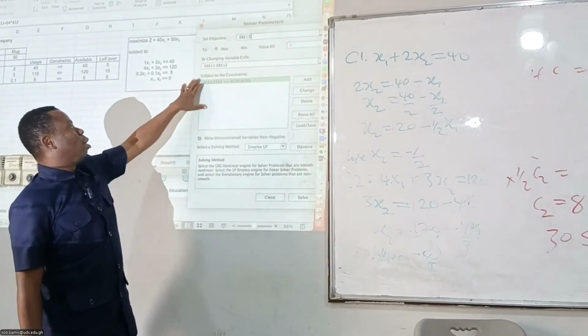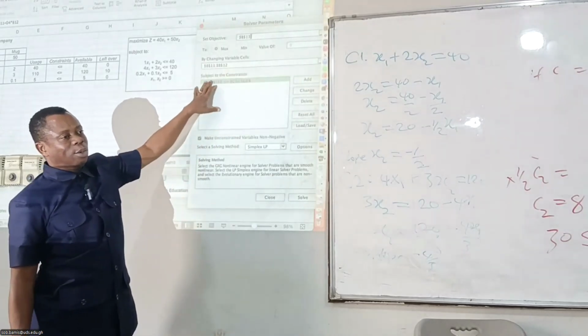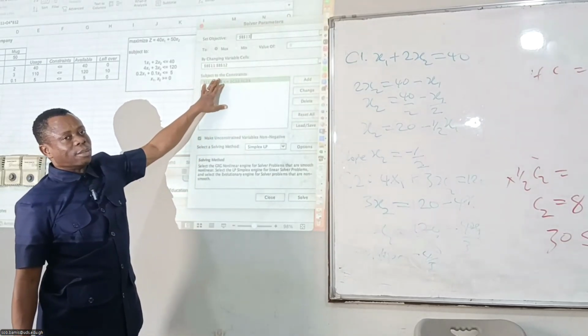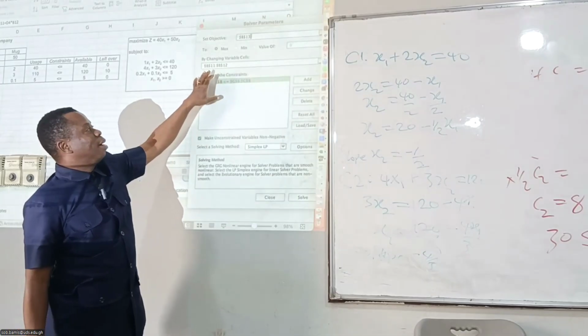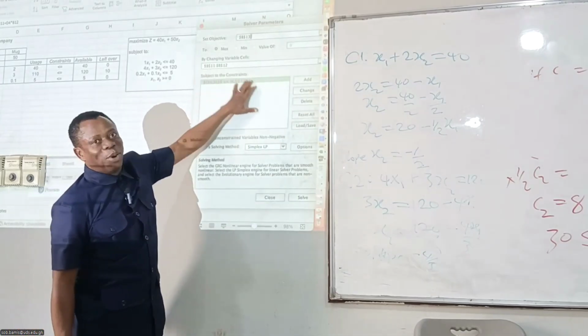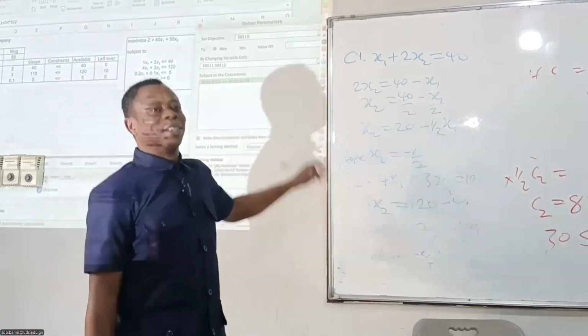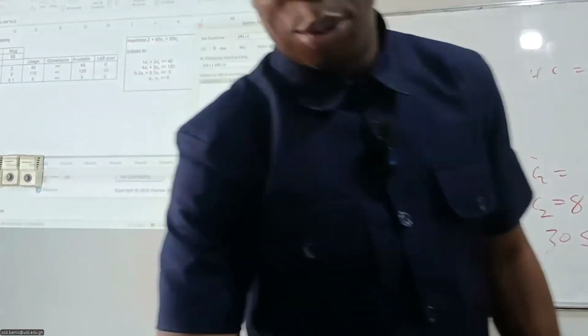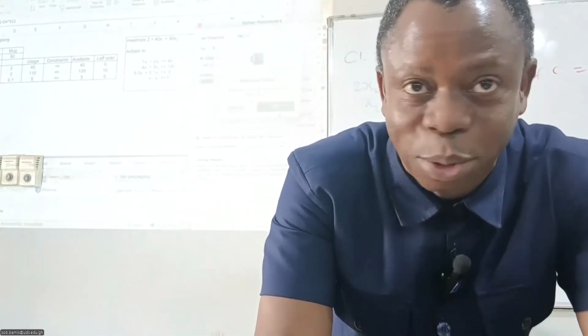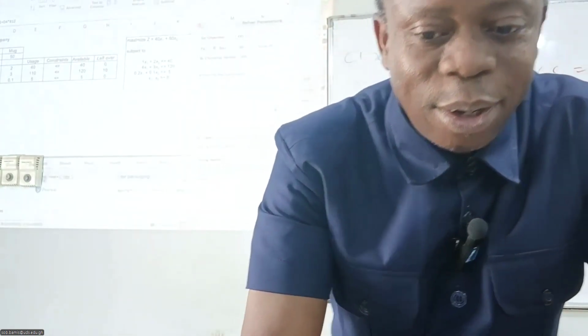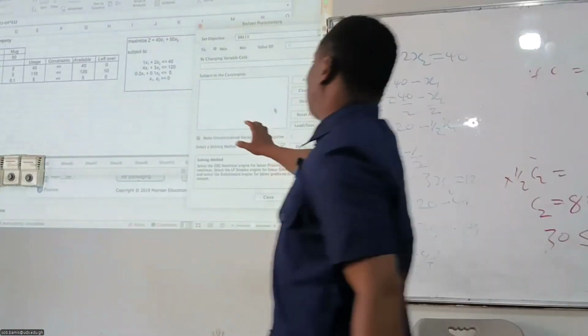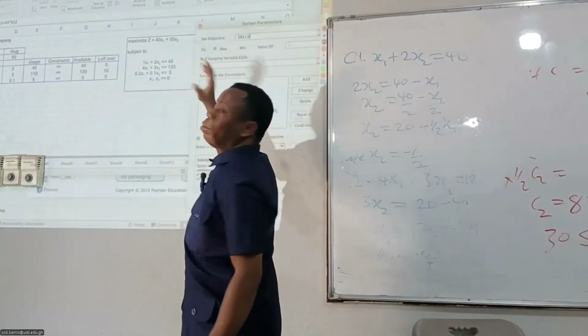If you are not sure of yourself, don't try it. But if you are sure, you can reset all. So we click reset all. It's asking me whether I really want to do that. Say yes, I want to do that. So you see that all the formulas here and there are gone.